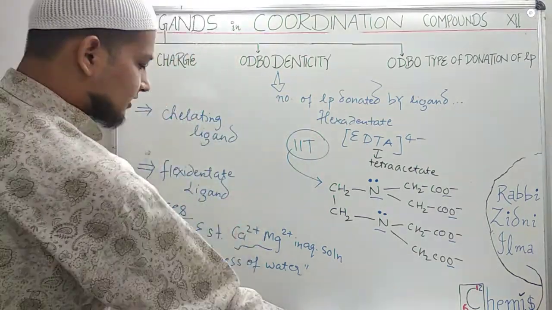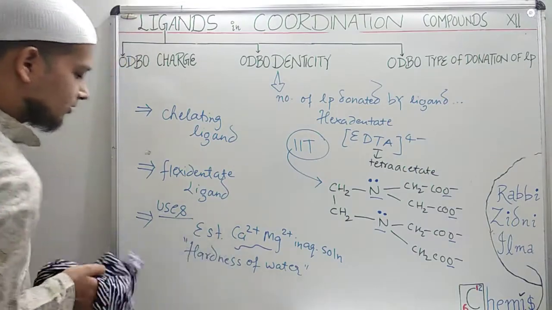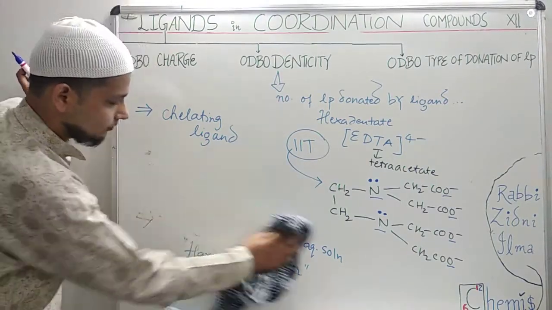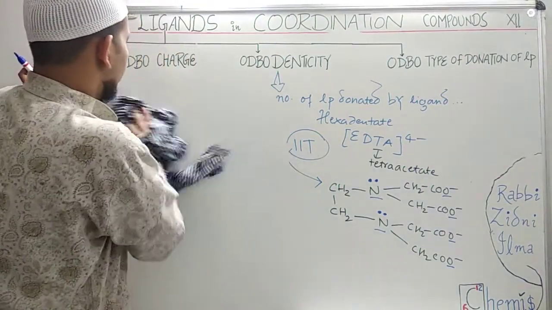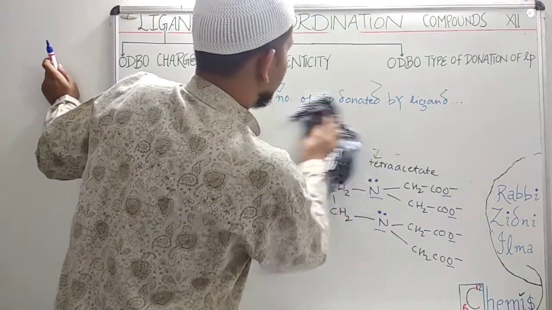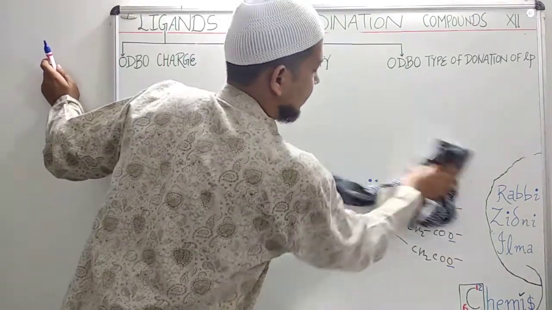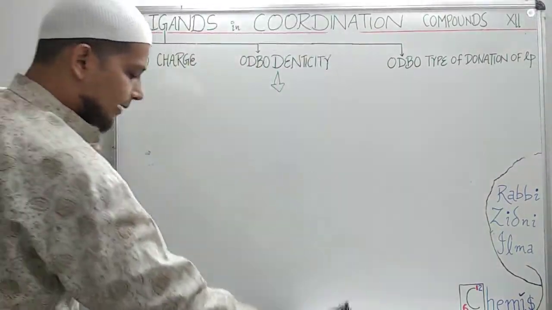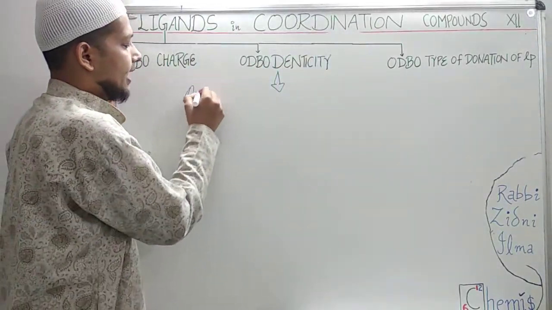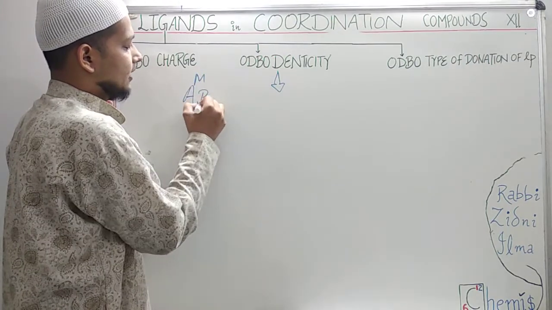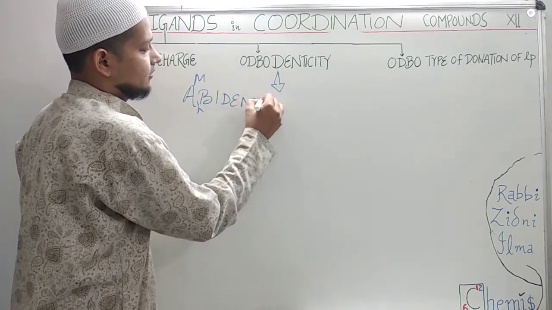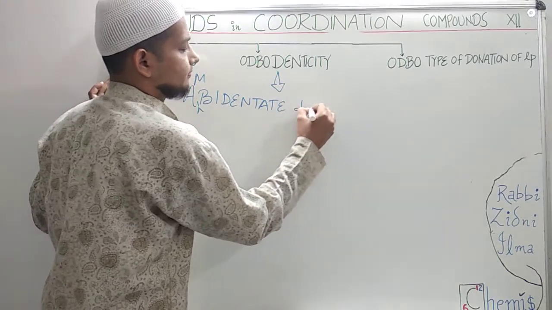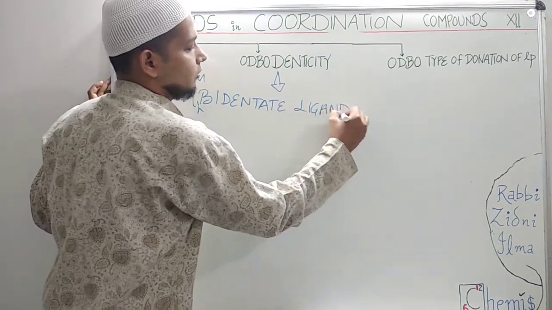Now moving on to the next part, we will discuss ambidentate ligand and then chelating ligand, and then our denticity is done. So what does ambidentate mean?